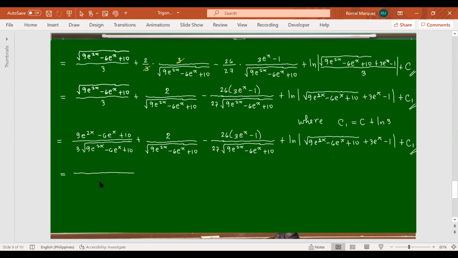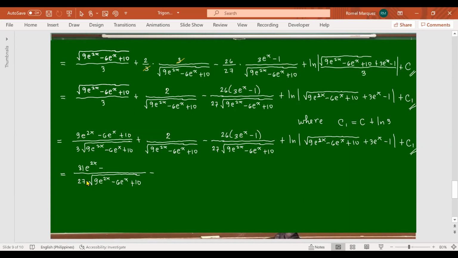So this LCD is 27. Square root of 9 e to the 2x minus 6 e to the x plus 10. This is 27 divided by 3. That is 9 times 9, 81. 81 e to the 2x.